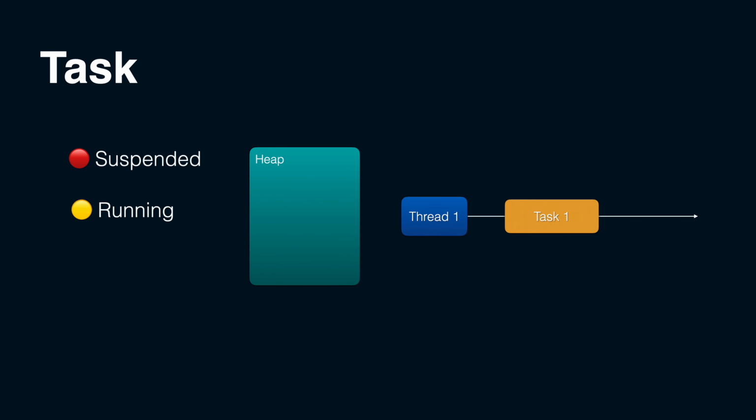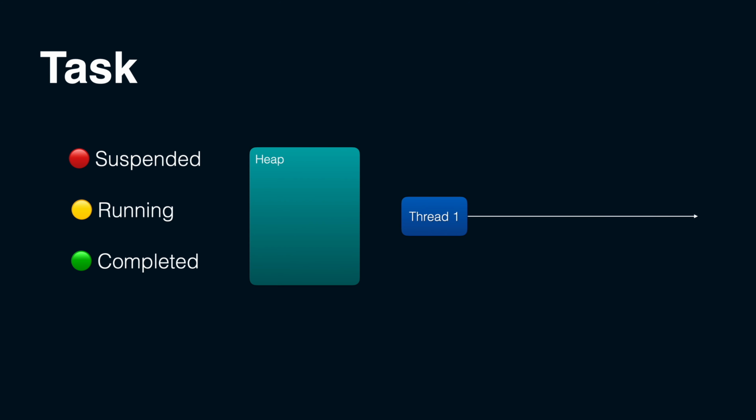It will run until it either completes or reaches an actual suspension point and becomes suspended again. Task state can change between running and suspended multiple times during the task lifecycle. A completed task has no more work to do and will never enter any other state. Code can wait for a task to become completed by awaiting on it.